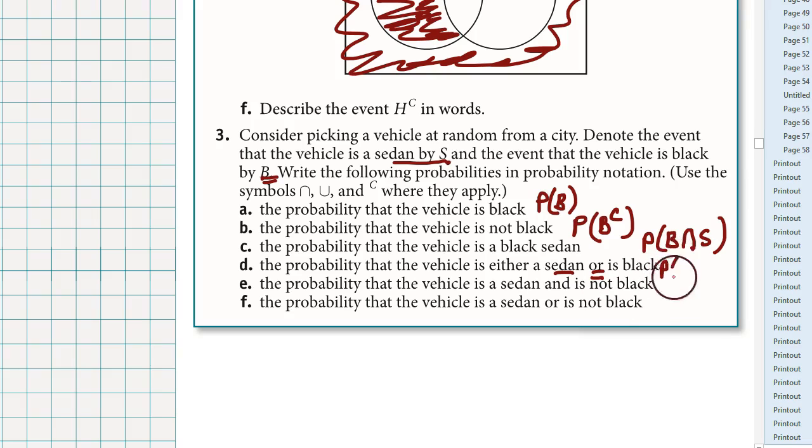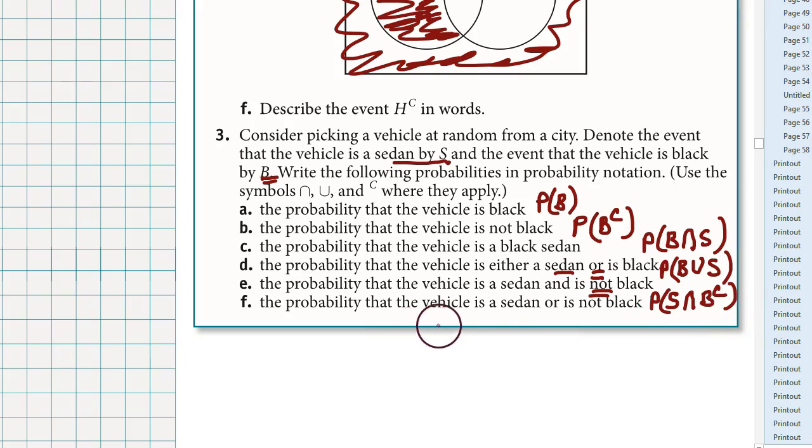This time it's P and then B union S. Question E, the probability the vehicle is a sedan and it's not black. It would be P, and then for sedan is S. The word and is an intersection symbol, and then not black would be the B with that C in the corner.